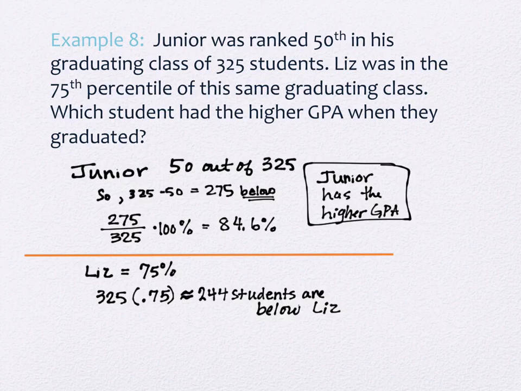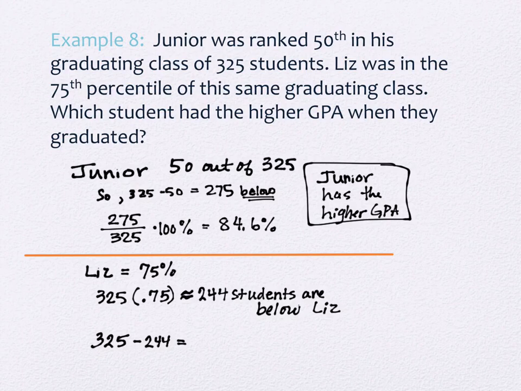How do you find her class rank? Close. Well, let me write it that way first. So the 325 minus the 244 will be her class rank. That won't tell you how many people are above her because she's one of those. I was just thinking about that when I said close.